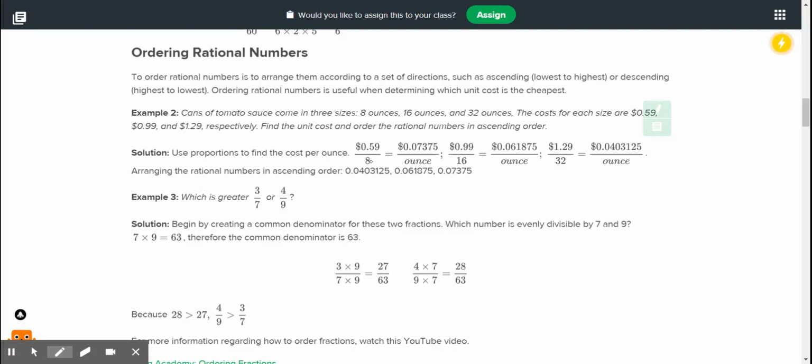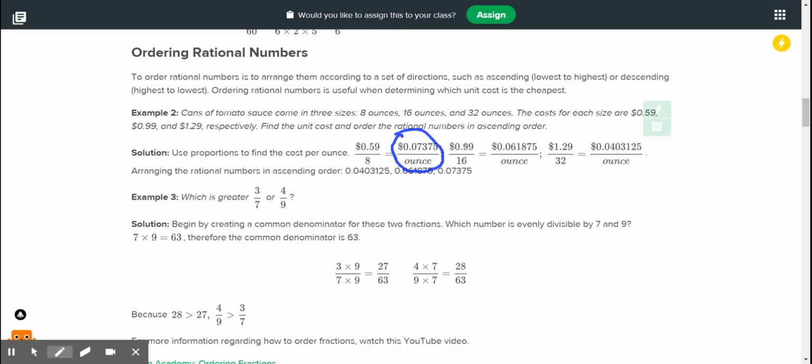And if I have a division problem, if I divide 59 cents by 8, I get 0.07375, and that's per ounce. All right, so I'm going to circle that. That's my 8 ounces, my cost per ounce.